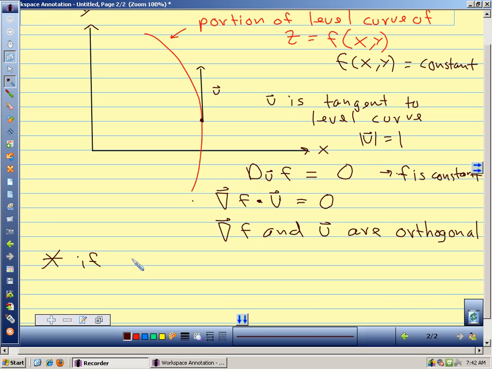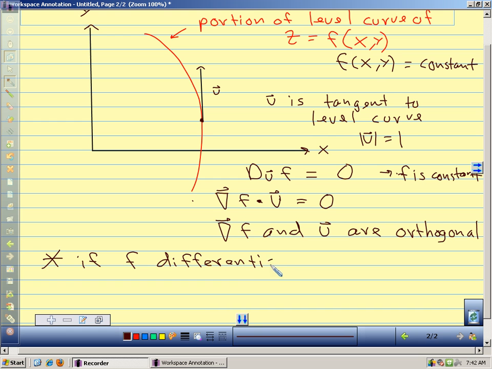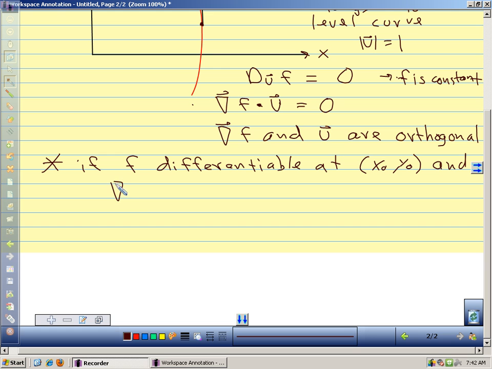So we have, if f is differentiable at some point, and our gradient at that point does not equal 0, because if the gradient is 0, our directional derivative is 0 everywhere.